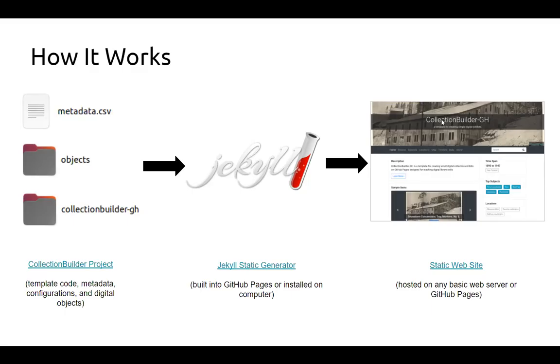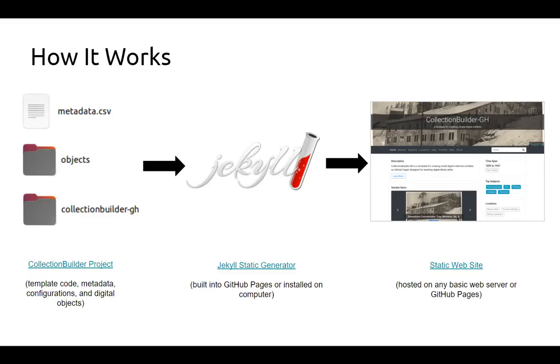And we like to really emphasize this aspect of creating your metadata and getting your objects ready outside of the platform itself, because by doing so, you're not only preparing everything for CollectionBuilder, but you're also making it ready for preservation, and you're making it ready for future platforms you might migrate to in the future. So after you prepare all of this, you can just put it on your digital archive, and it's stored and it's ready to go, no matter what you need to use it for in the future.